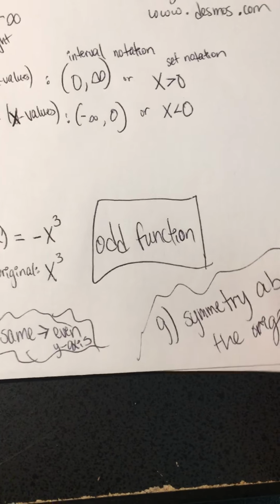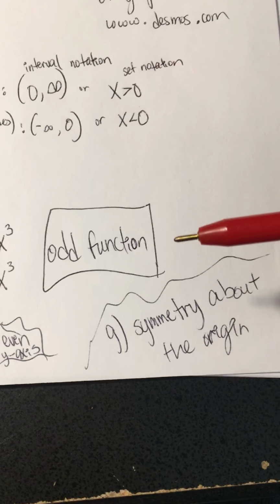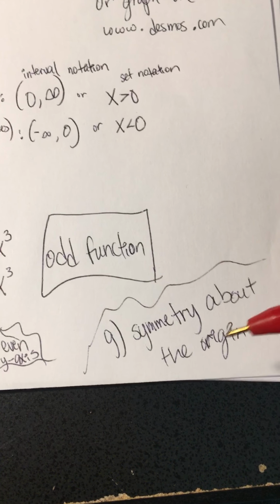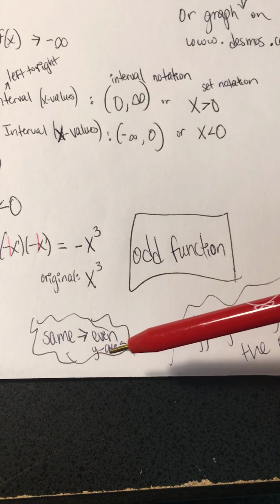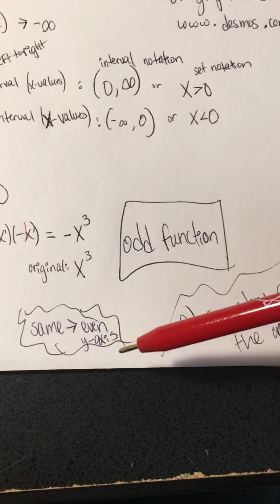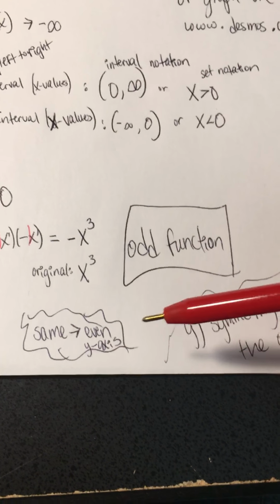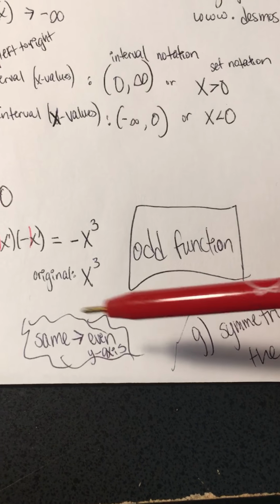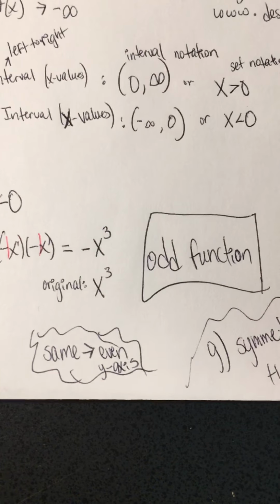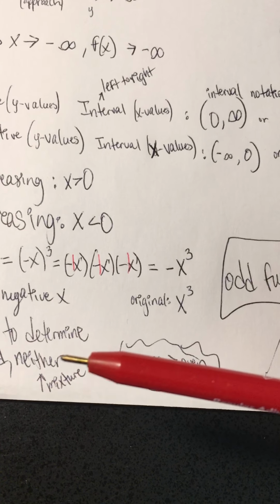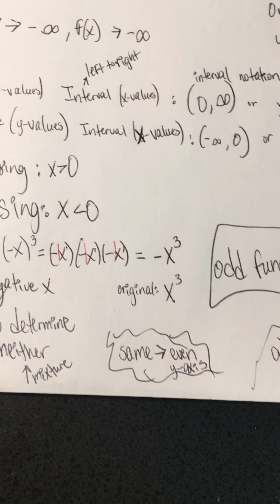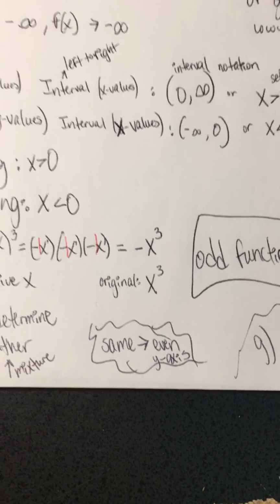I repeat, odd functions have symmetry about the origin. O for odd, O for origin. Even functions have symmetry across the y-axis. Y-axis, even functions. If a function is neither even nor odd, it will not have symmetry over the y-axis or through the origin.